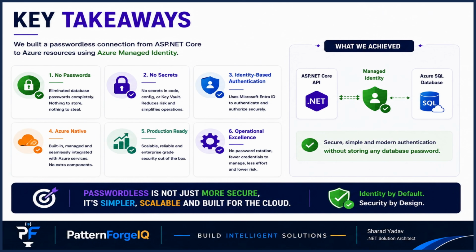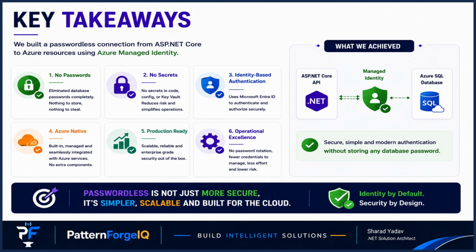Now that we have seen the complete flow working, let's bring everything together. We started with a connection string containing username and password. We saw how environment variables and Key Vault can help us manage those secrets more securely. But with the managed identity, we changed the authentication model itself.